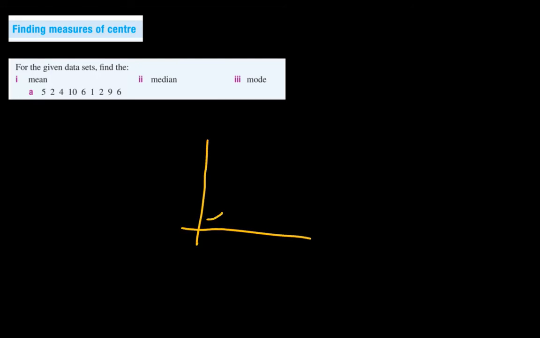A symmetric distribution means that 50% of the values lie either side of the mean, median, and mode. So the mean, median, and mode are all the same value.